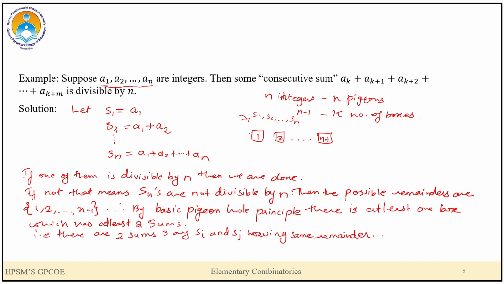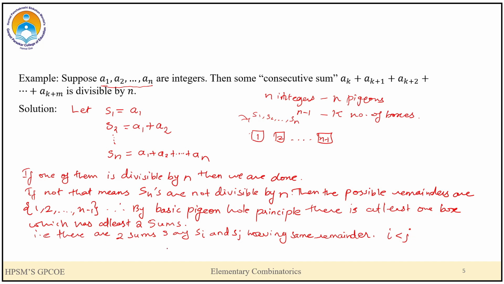Let us say i is less than j. So what will be Si? Si will be a1 plus a2 up to ai. Sj will be a1 plus a2 up to aj. And since i is less than j, Sj will have more terms than Si.